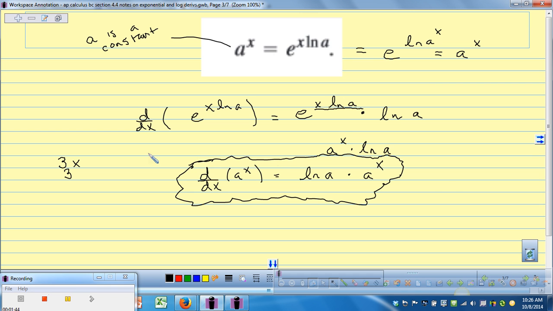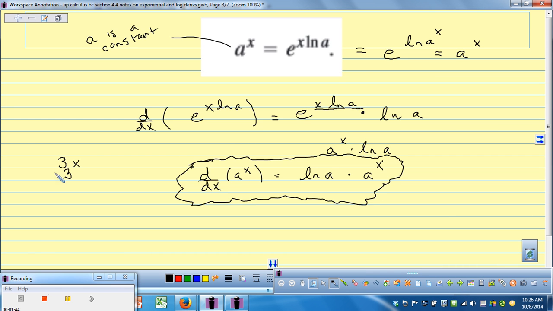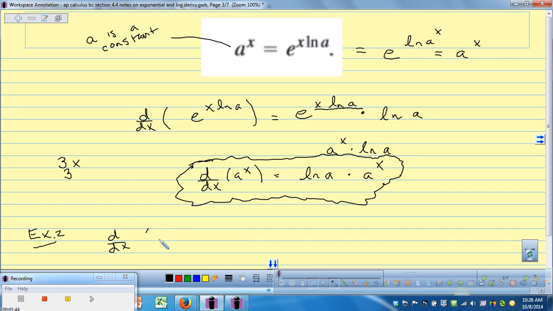Okay? So we've learned e to the x, we've learned a to the x. So I don't think I have an example next, so let's put an example here. Let's say I wanted you to take the derivative of 2 to the x squared plus 4. The derivative would be what?